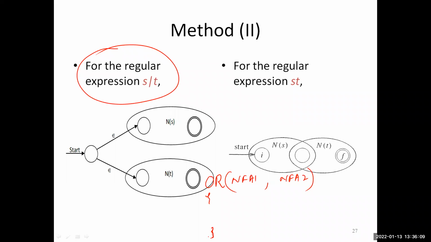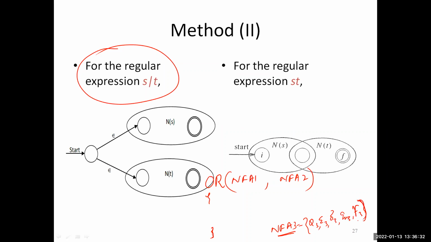Now this is a function which takes NFA1 and NFA2, and the output of this function is NFA3. This NFA3 will have components Q3, sigma 3, delta 3, Q03, and F3.